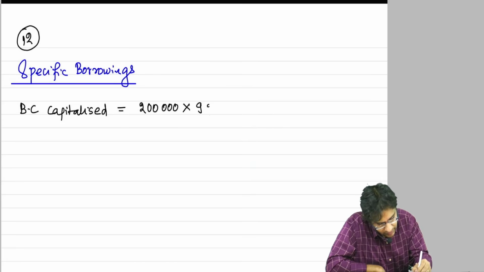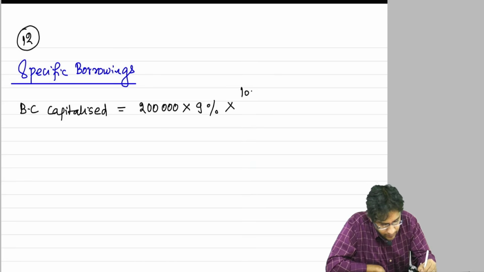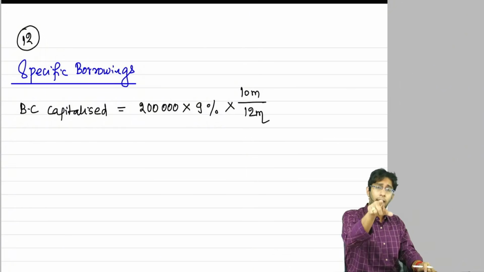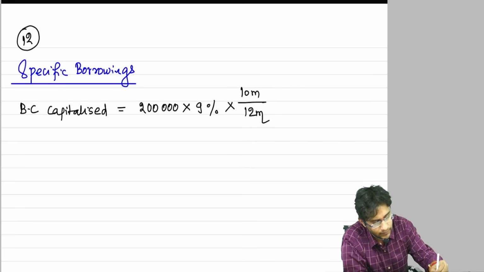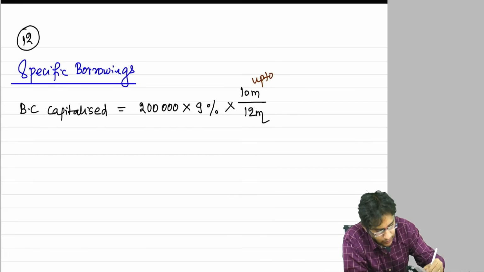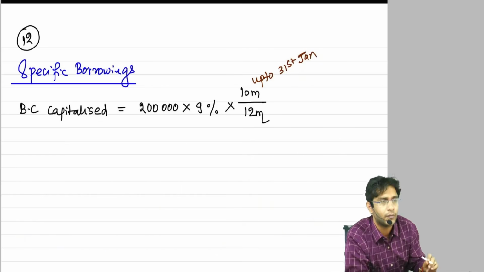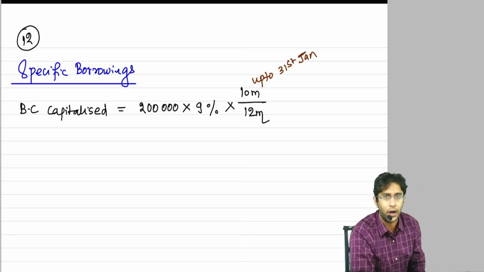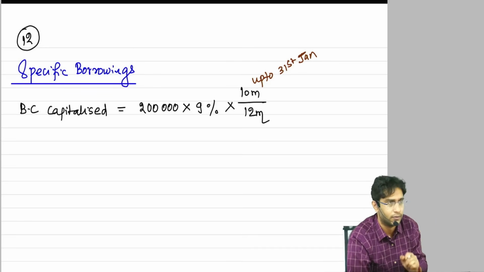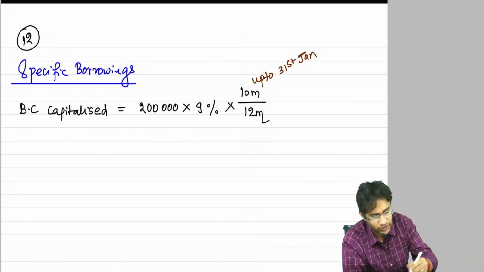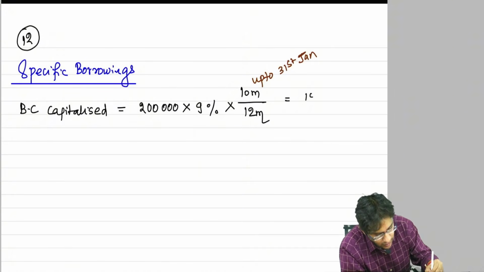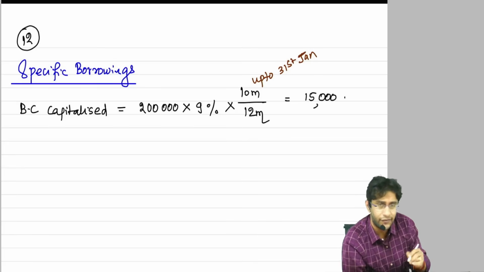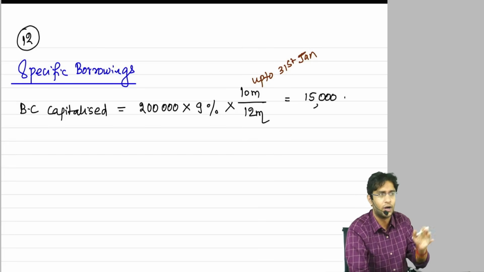How much is that? Into 10 by 12. Why? 10 is my lucky number, sir. Up to 31st January. Why? Project is completed on that date. If you forget that point, you will wrongly capitalize the entire 12 months of interest. Cessation of capitalization will happen. How much is that? 15,000. So 15,000 will be capitalized. If any interest income was there, I would have deducted that. It's not there.